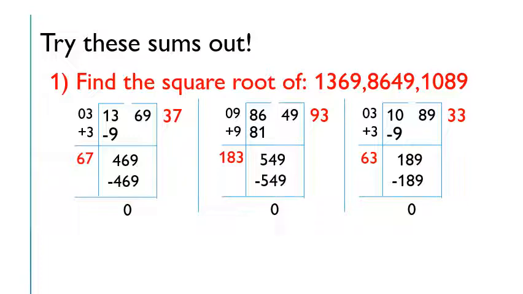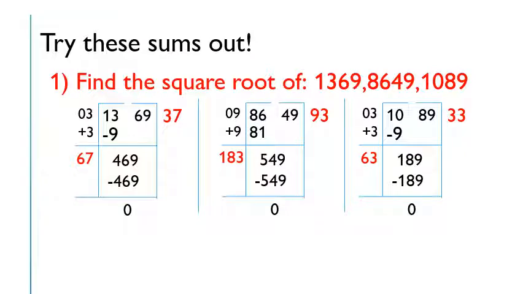The next one, 8649. The closest square to 86 is 81. So when we find the square root of 81, we get 9. We put 9 in the quotient and the divisor, and then we add the units digit of 9 to itself to get 18. Okay, now we subtract 81 from 86 and then we get 5. Now we bring down the 49 and concatenate it.